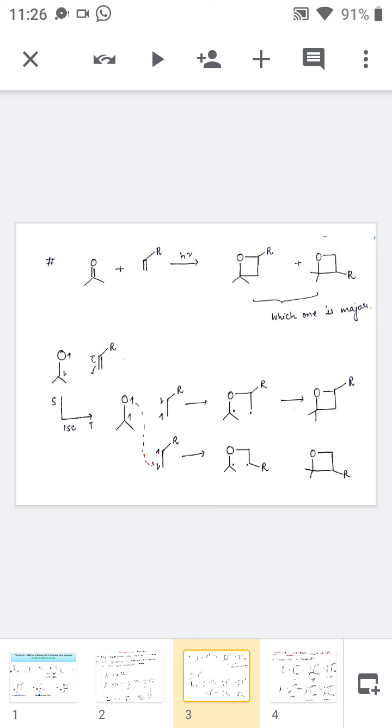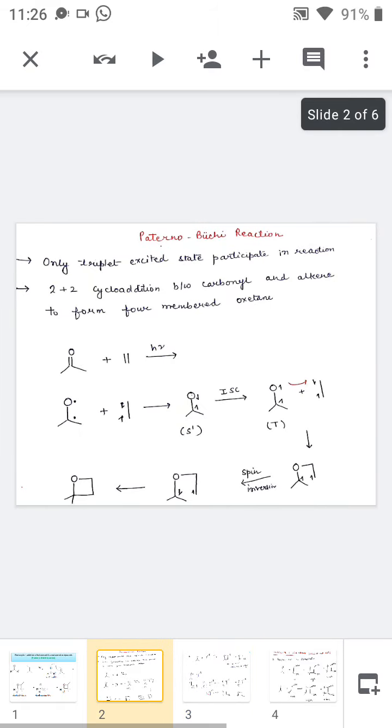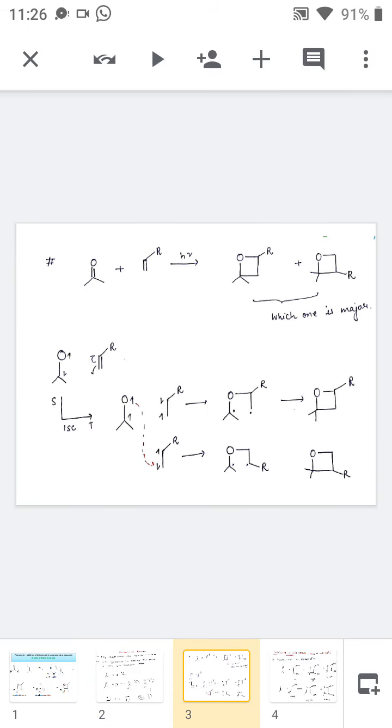After that, the secondary radical of the carbonyl group and the secondary radical of the alkene combine together and form the final product. So the major product is the oxetane in which the R group is opposite to the oxygen atom.